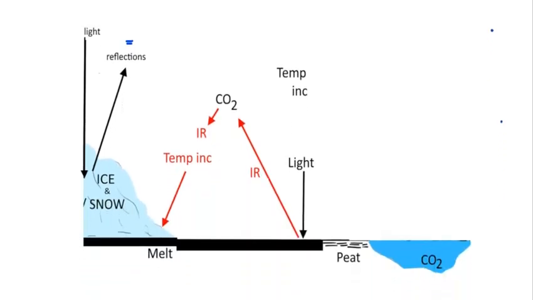Let's take a look at a model of these positive feedback effects. Ordinarily, light shining onto the ice and snow areas, particularly of polar regions, of the Antarctic regions, but also of the mountainous areas of the world, will hit the snow fields and the glacial fields, and much of it will be reflected.